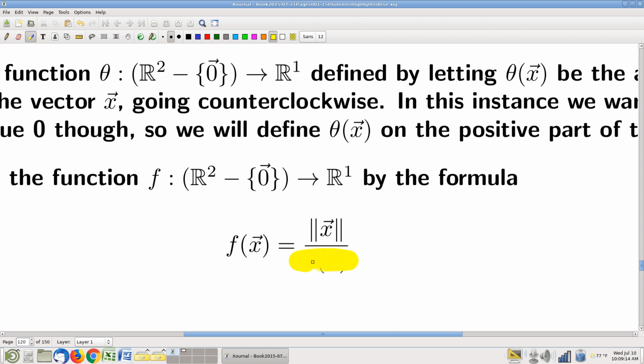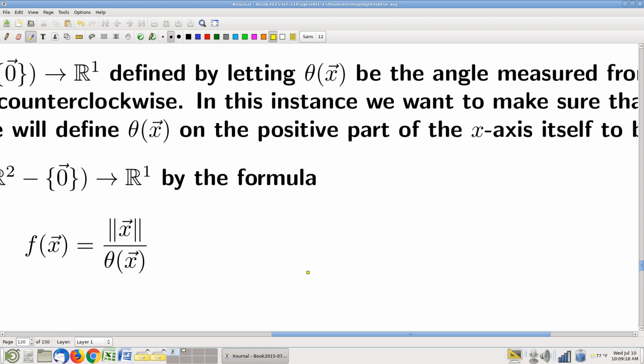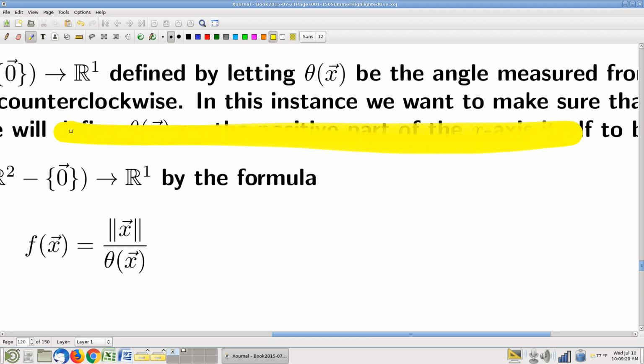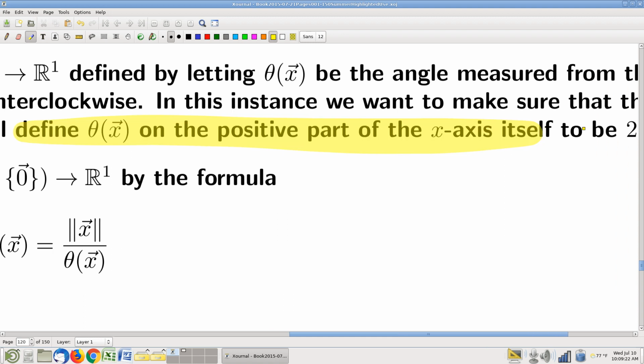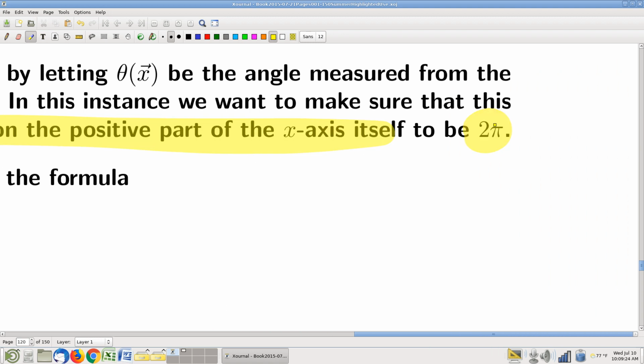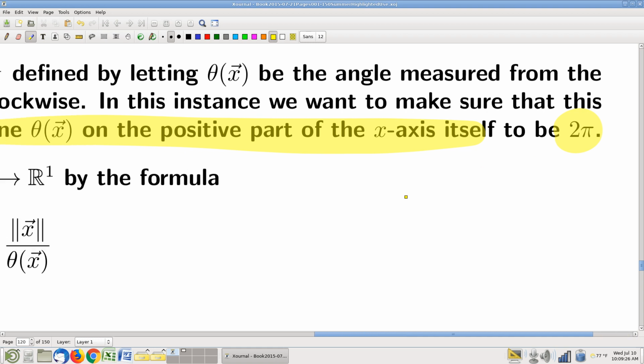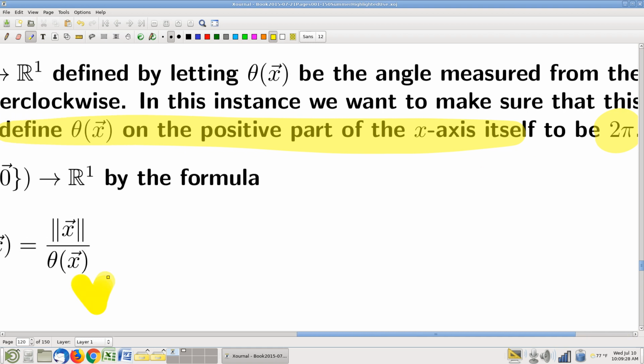I want to make sure that I'm not dividing by 0. So on the positive part of the x-axis itself, we're going to pick 2 pi instead of 0 for the angle, and then that angle is never 0. We're never dividing by 0. Everybody on board? Cool.